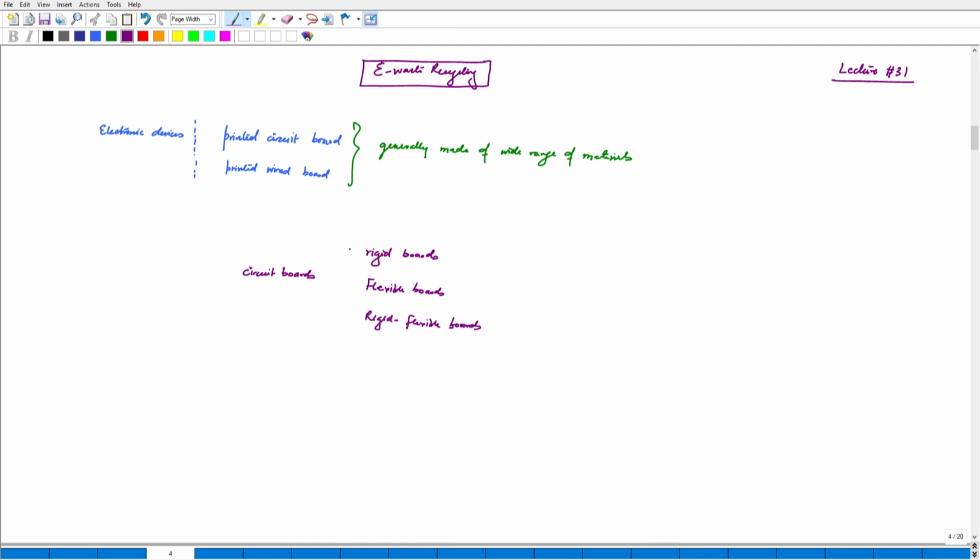So depending on the application, we can have a rigid board on which all of the electronic components, ECs and ICs, whatever components we are attaching, are mounted, or we can have a flexible board. Again, that is used only when the application is such that we need a flexible board, or there can be some parts that are rigid and some parts that are flexible.